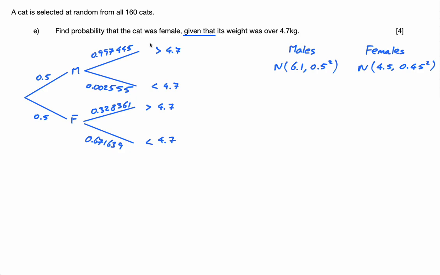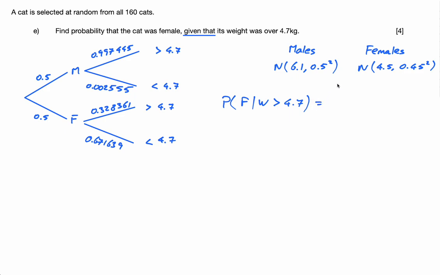Okay, so the probability that it was female. So what I'm looking for is the probability that it was female, given that its weight, let's use W for weight, is more than 4.7.